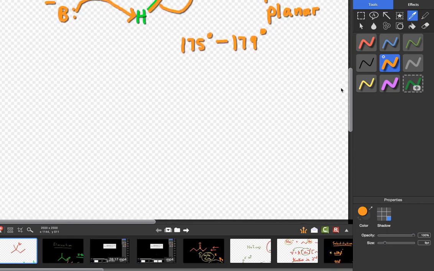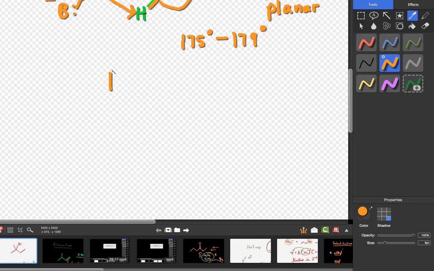In the biochemical world, these are called beta eliminations. So a beta elimination is an E2 elimination. One of the best examples is in the reductive biosynthesis of fatty acids.